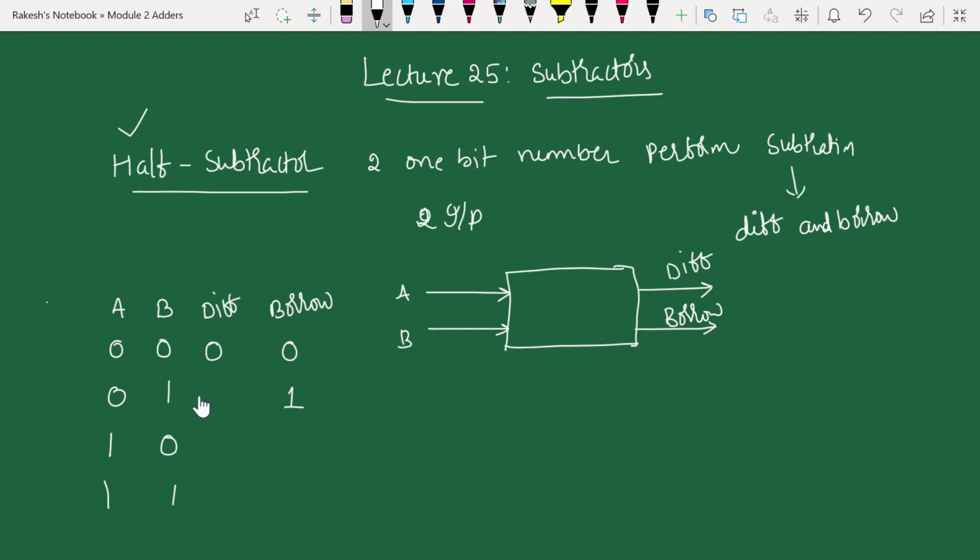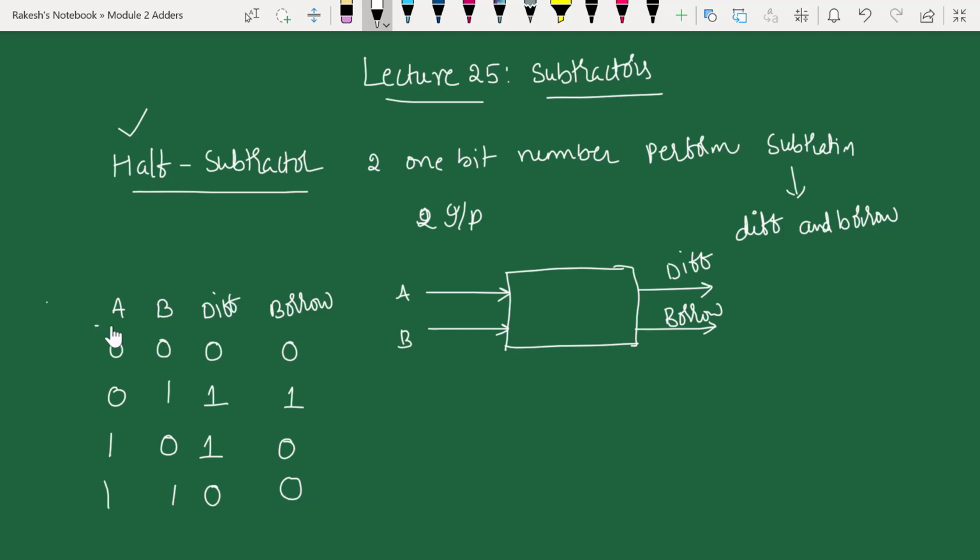Then when you take borrow, it becomes 10. Borrow you are taking from higher order bits, it becomes 10. 10 minus 1 will be 1. So that means you are going to have difference 1, borrow 1. When you take 1 minus 0, the difference is 1, borrow is 0, because you don't have to take borrow. When you take 1 minus 1, your difference is 0 and borrow also 0. This is how you are going to get your truth table in the case of half subtractor.